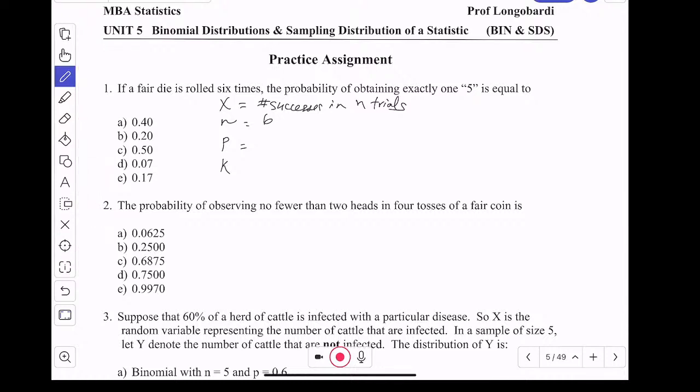What am I looking for? Each time I roll the die, what am I looking for?